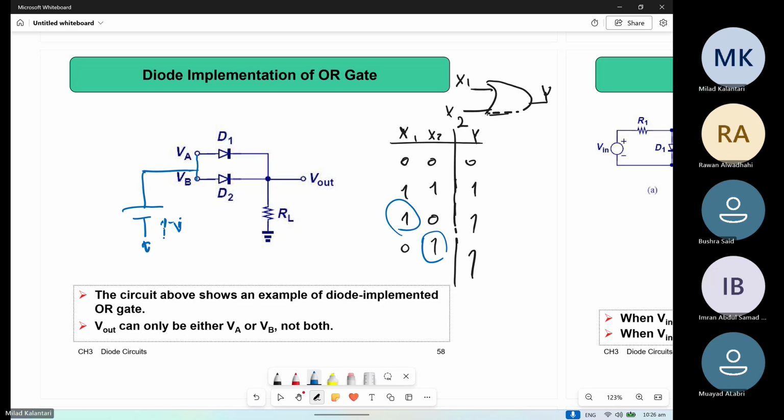How would the output be? Also 1 volt, because both of them can turn on, right? So it basically functions as an OR gate, right?